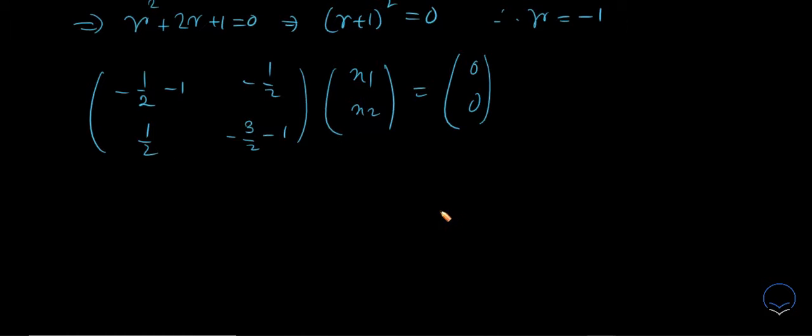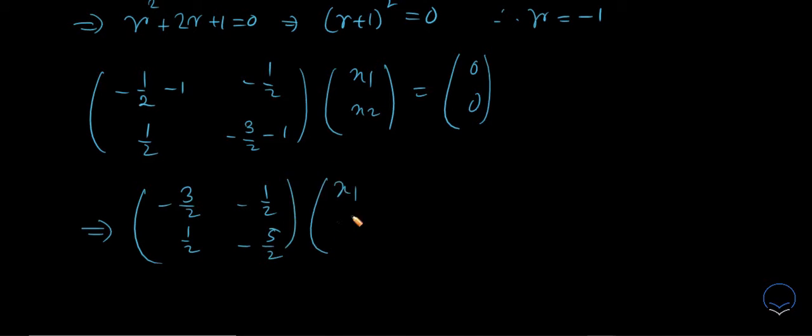That's how we find our eigenvectors. If you simplify this, this will be minus 3/2, minus 1/2, 1/2, and finally minus 5/2 over here, times x1 and x2, equal to 0 0.